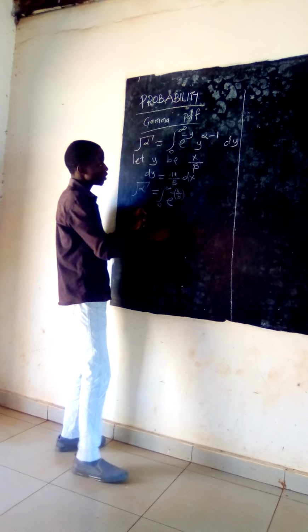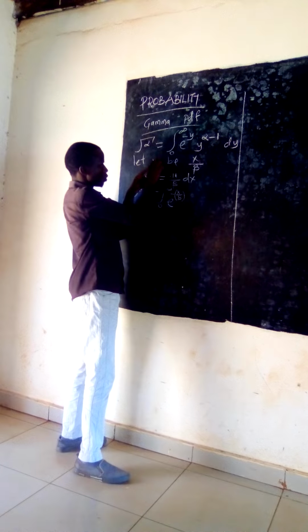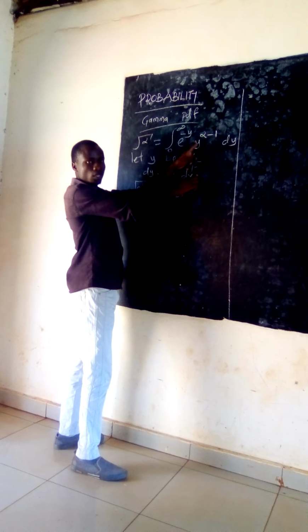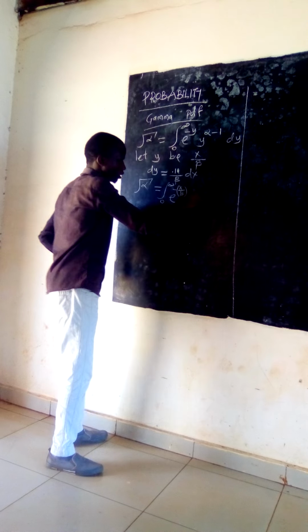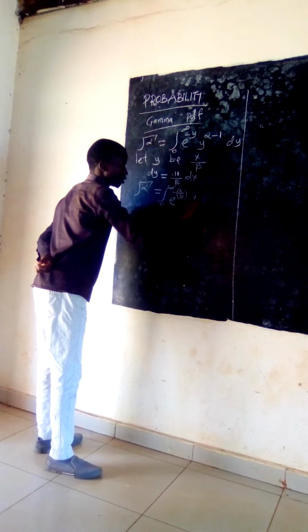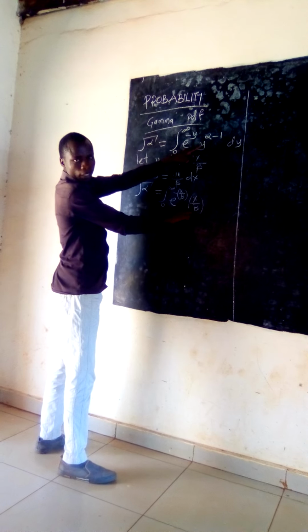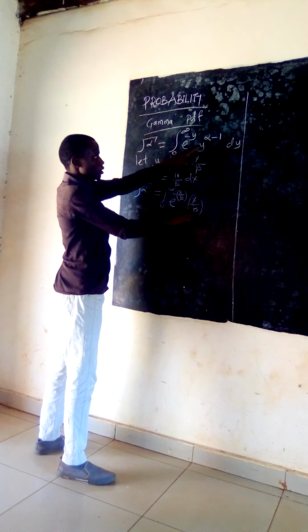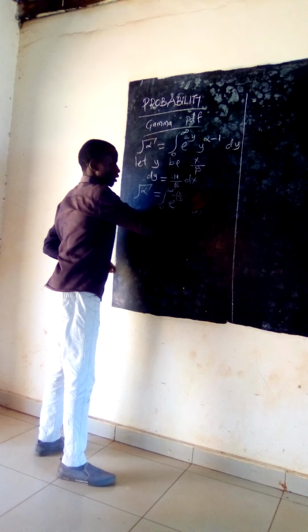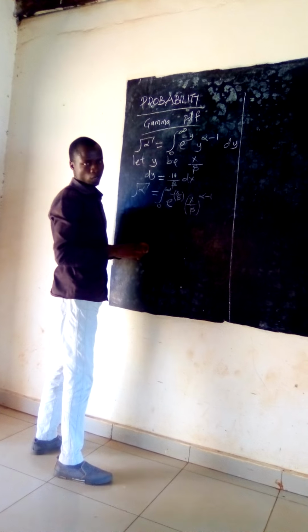Now, the y here is x over beta, so I'll substitute it with x over beta. But y was raised to alpha minus 1, so I'll write x over beta raised to alpha minus 1.